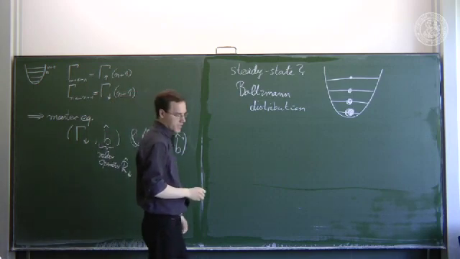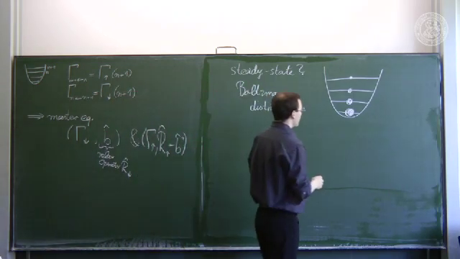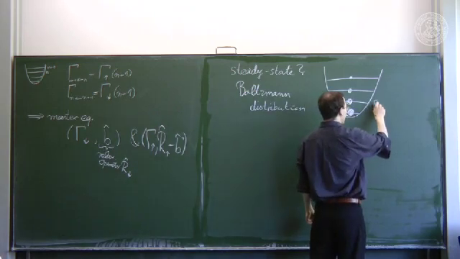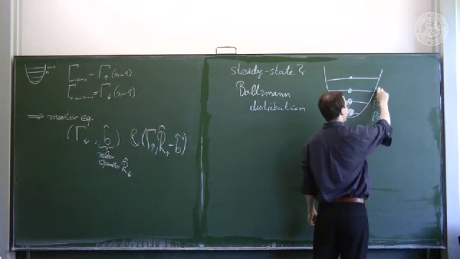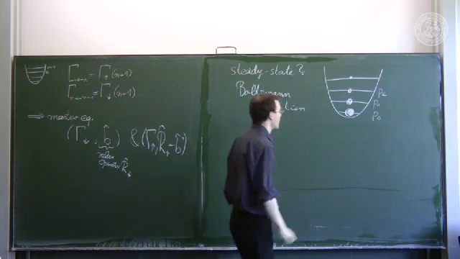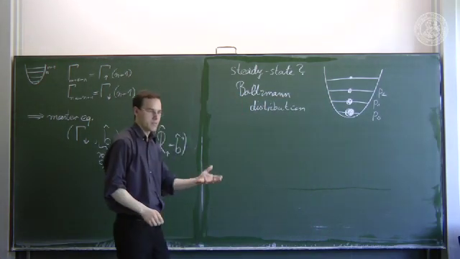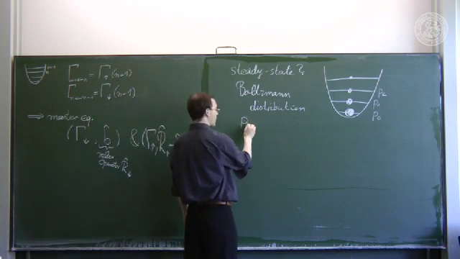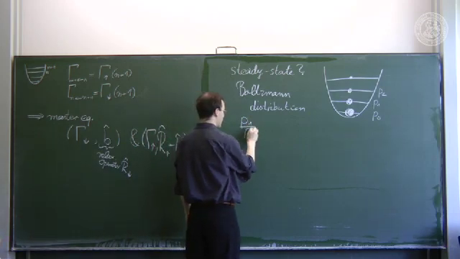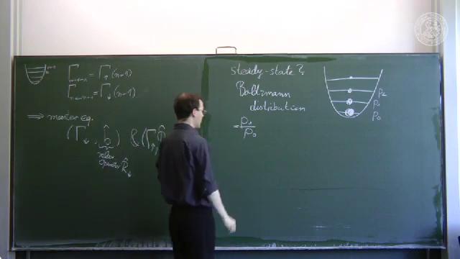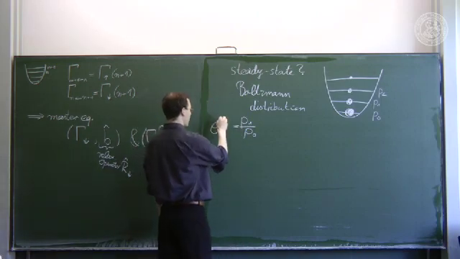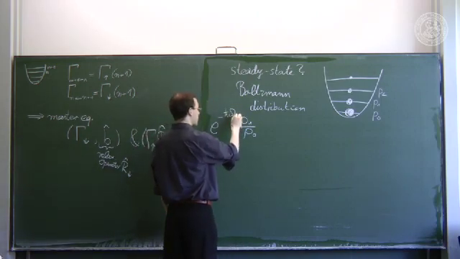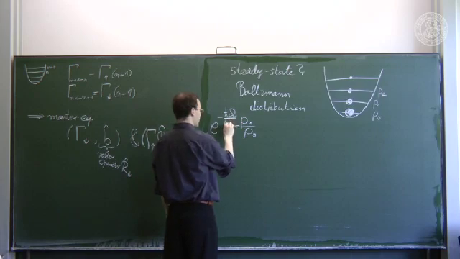Well, if this is a Boltzmann distribution, then the ratio between the occupation probabilities is given by h bar omega divided by kBT. So P1 over P0 would be equal to e to the minus h bar omega, that's the energy difference, divided by kBT.